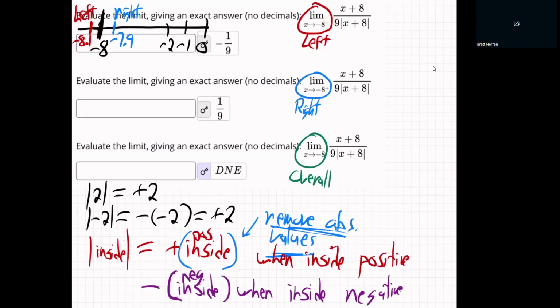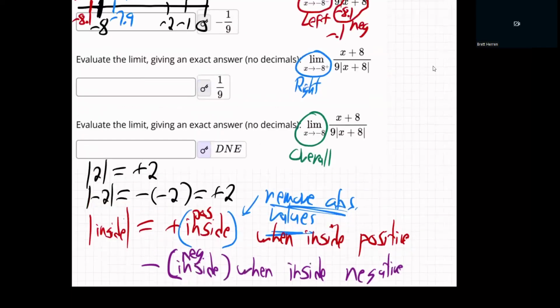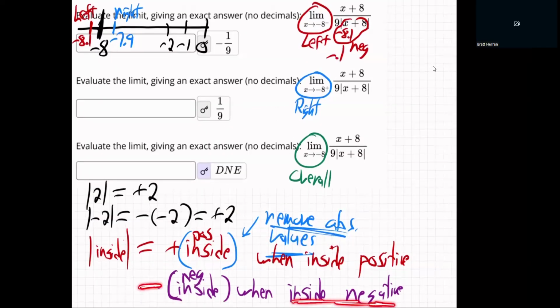So if I put in like -8.1 inside these absolute values, that's going to come out negative, right? -0.1. So the inside of this absolute value is what? Negative. What does that mean? When the inside is negative, you have to put another minus in the front and remove the absolute values. So we go, okay.